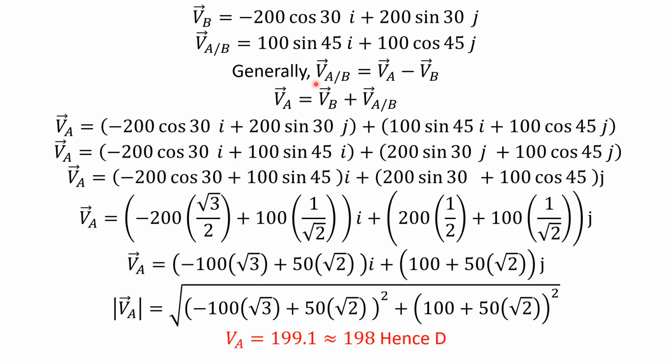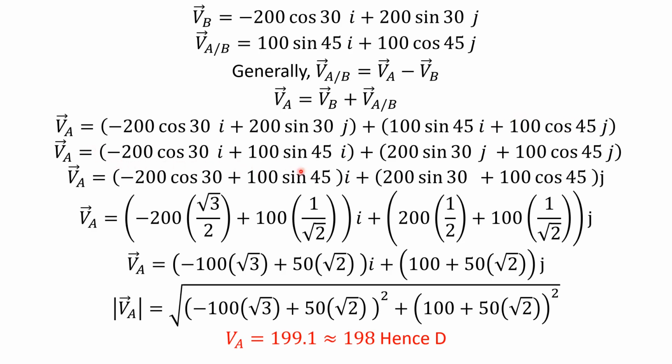So generally, the velocity of A relative to B is equal to velocity of A minus velocity of B, and if we make velocity of A subject of formula here, then we are going to obtain velocity of B plus velocity of A relative to B, or velocity of A relative to B plus velocity of B. So you can therefore see that the velocity of A becomes negative 200 cos 30 i plus 200 sine 30 j plus velocity of A relative to B, which was given by 100 sine 45 i plus 100 cos 45 j.